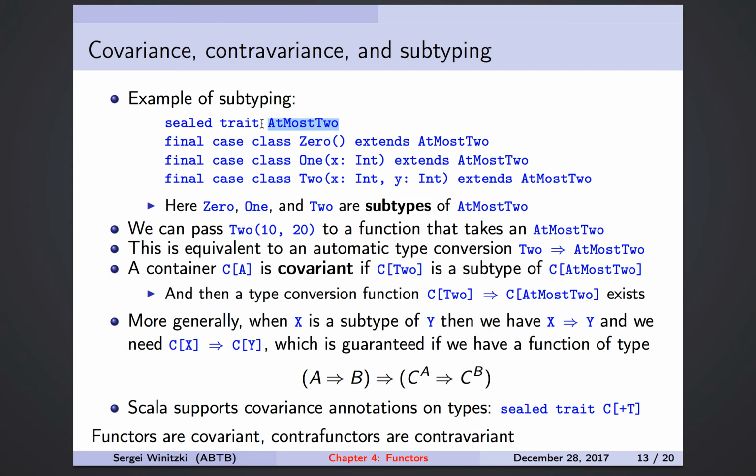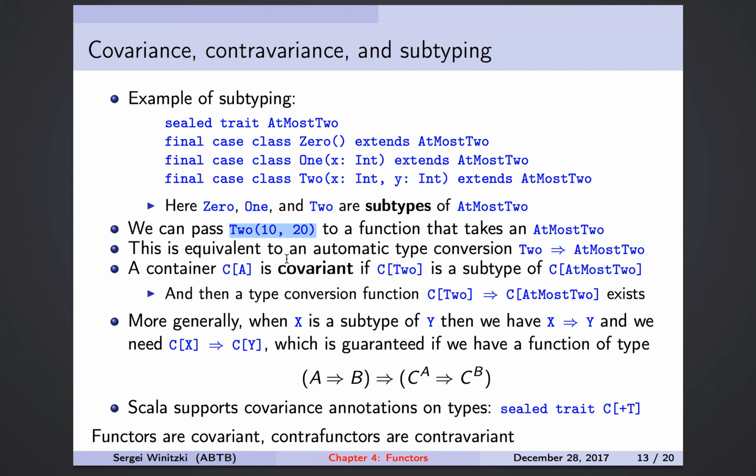So this is an example where at most 2 is a disjunction of 0 integers, 1 integer, or 2 integers. And so the 0, 1, and 2 in Scala are types themselves that are subtypes of at most 2, which means that if you have a function that takes an at most 2 as an argument, you can pass this value to that function, and it will take it.